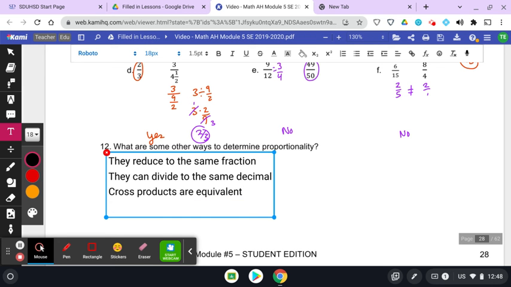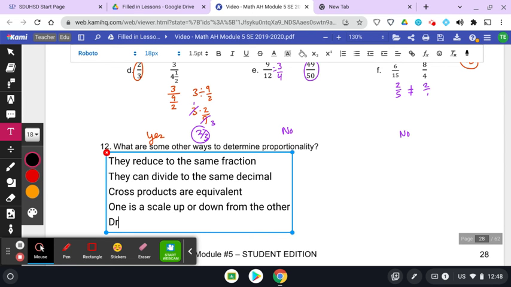You can see if one's a scale factor of the other. Scale up or down from the other. You can draw equivalent bar models. You can create common denominators.